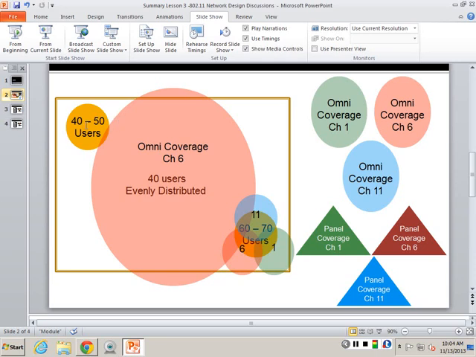What about these 40 to 50 users, or do you want to just go ahead and take care of the area? Either one. So we did 2 APs up there. Unfortunately, we only had 3 channels to play with, so we did one with 11.